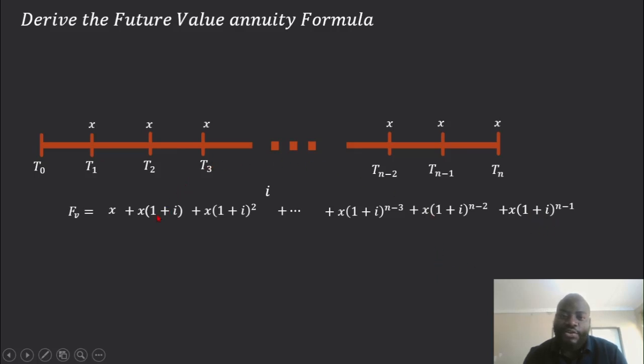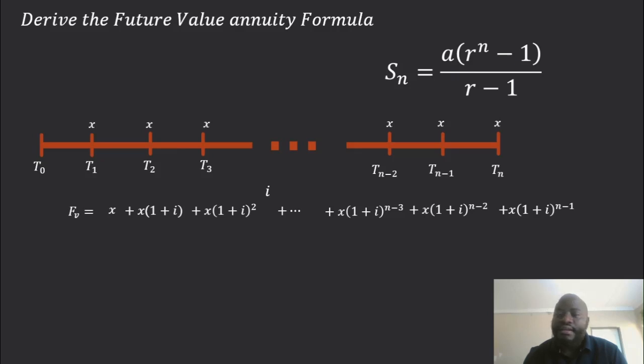So it's clear that we still have n terms, which means we can use the Sn formula, which we just derived in the previous derivation. And that formula says a multiplied by, and I've taken the second version that I showed you in the derivation.